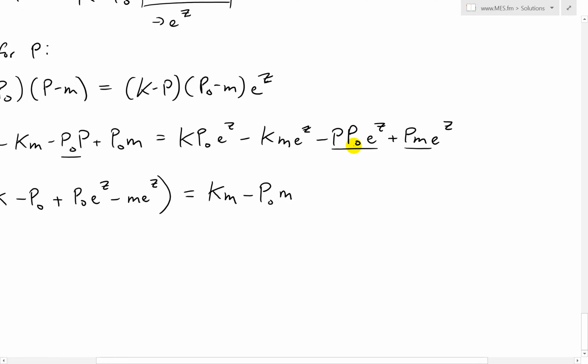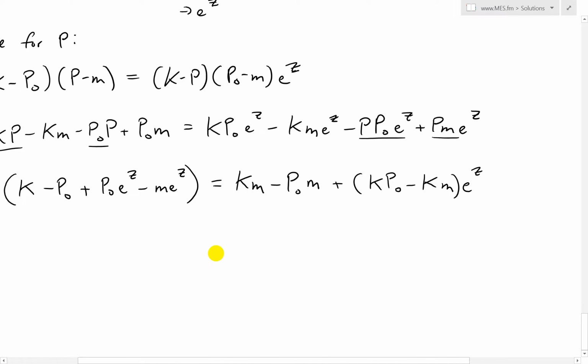And then on this side we have just these two, but we can actually factor out the e to the z. So this is going to be positive, and I'll factor it out: K p0 minus Km, and then we have an e to the z.